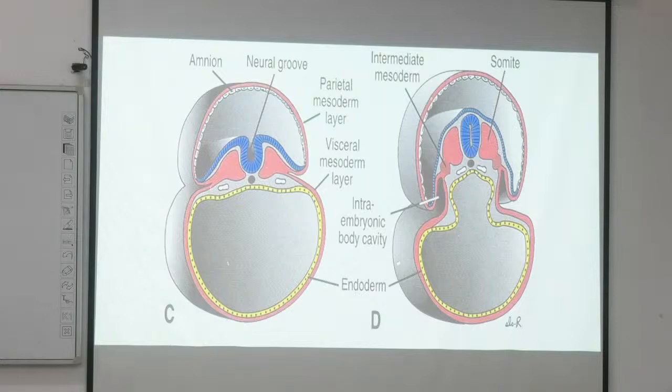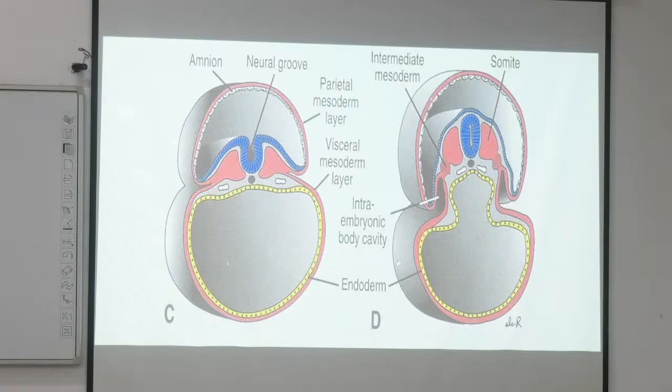This cavity in the lateral plate mesoderm splits this mesoderm into two layers. One is the layer which goes along with the amniotic layer, and the other which drops down over here with the yolk sac layer. So we get these two layers of lateral plate mesoderm holding a cavity in between. This cavity we call the intraembryonic coelom, which in future is going to be the intraembryonic body cavity.